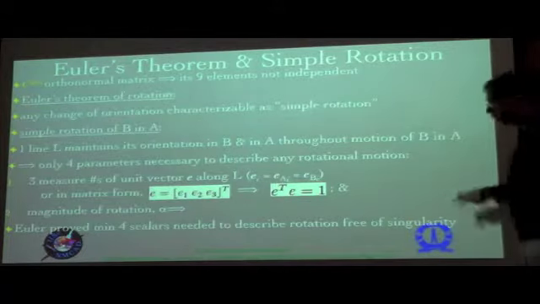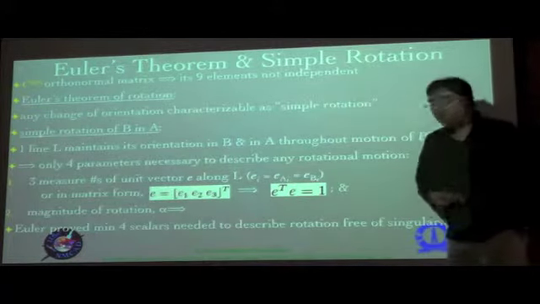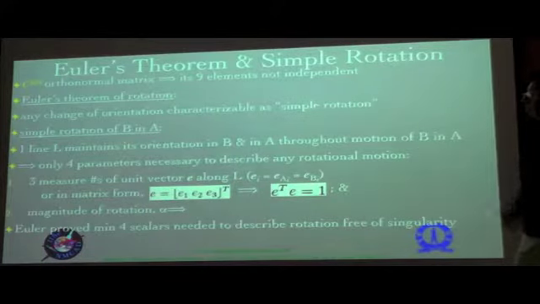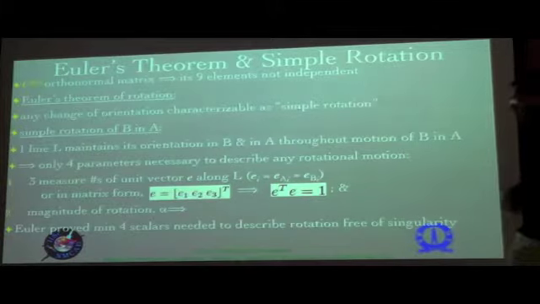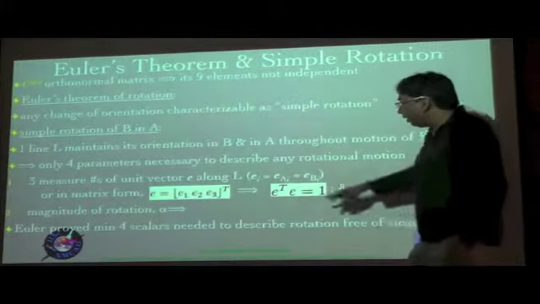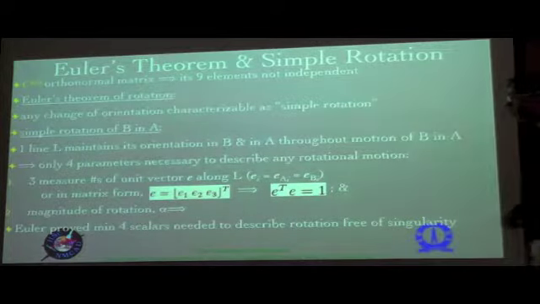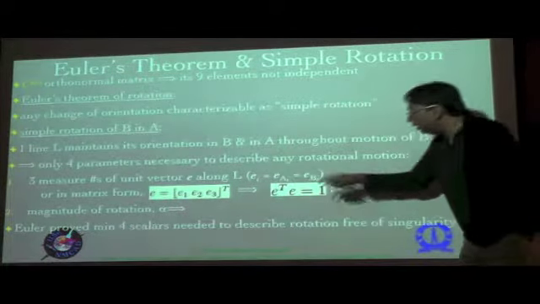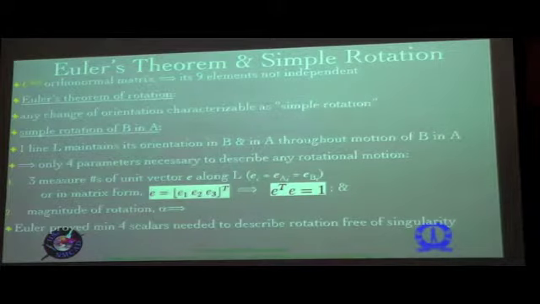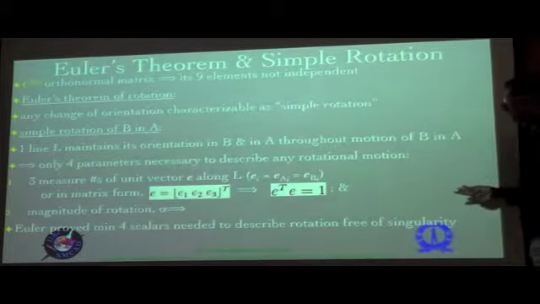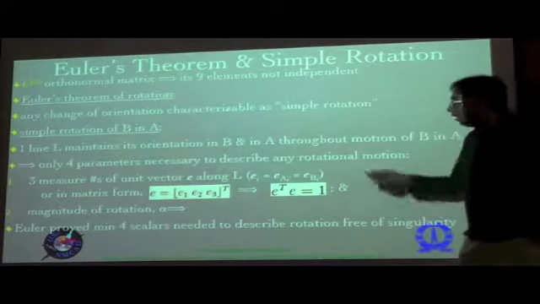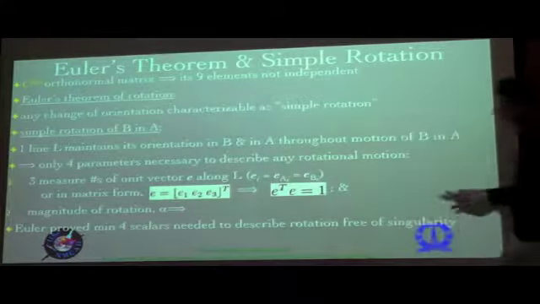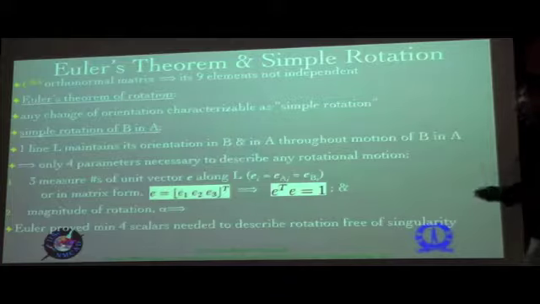Some people attribute this discovery to another researcher, but in most of the standard literature it remains to be called Euler's theorem, so we'll continue to do that. Once you know that there is a constraint, there are only 3 independent quantities to describe the rotation. But if you eliminate one of those 4 in whatever way you want, then you end up with a singularity, and that's always the case.